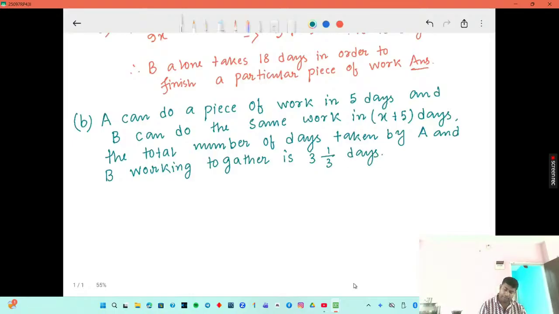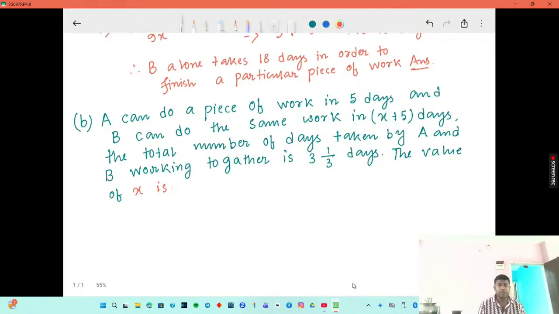Therefore, the value of x is. So here the question is given as A can do a piece of work in 5 days. It is very much clear that A can do a piece of work in 5 days and B can do the same work in x plus 5 days.